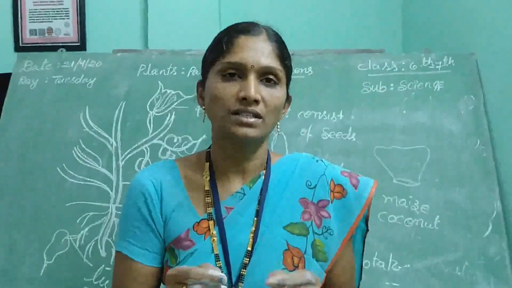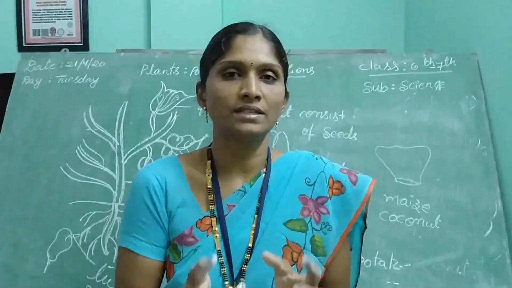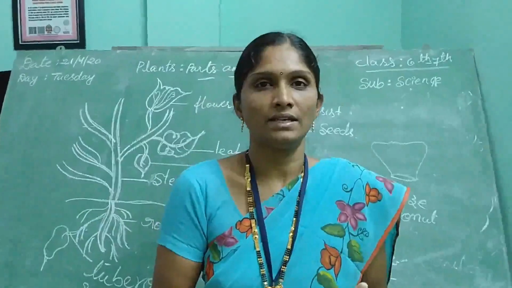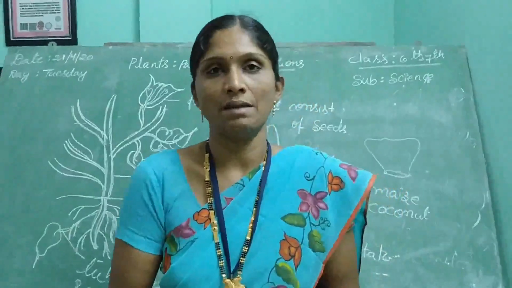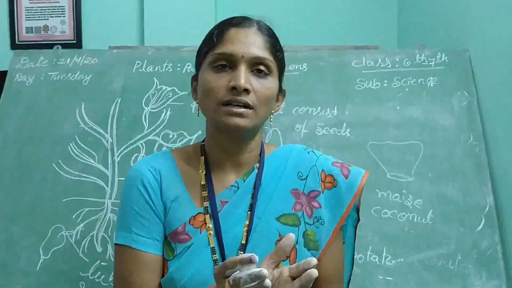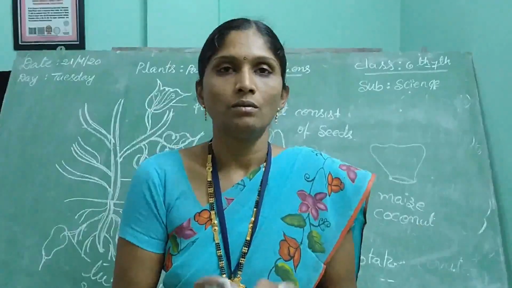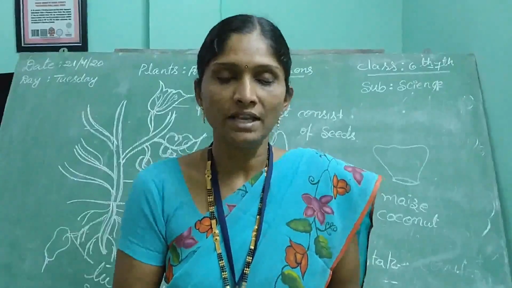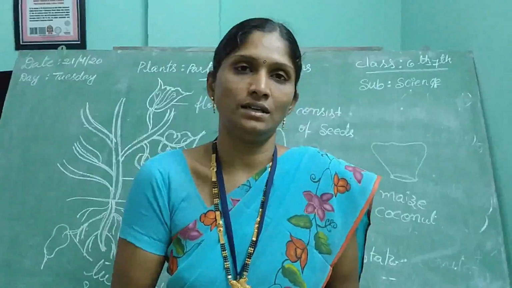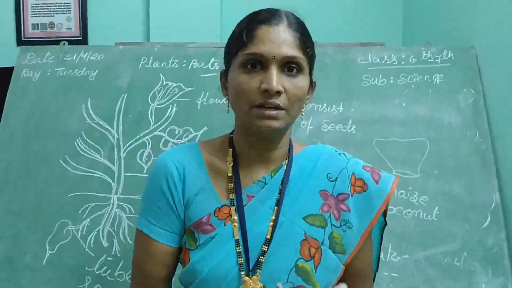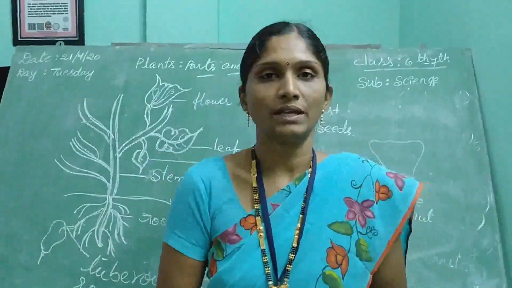The dicotyledonous fruit consists of dicot seeds. Examples of dicot seeds are tamarind, lemon and mango. They consist of two cotyledons. Monocotyledonous consists of one cotyledon. And examples of monocotyledonous seeds are maize and grass plants, that means rice, etc. Thank you very much, students.